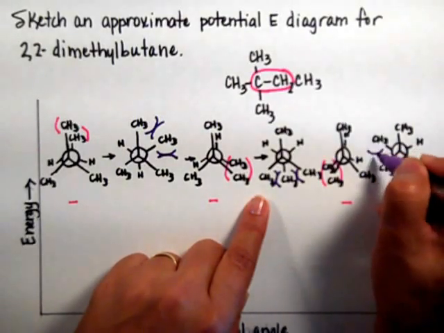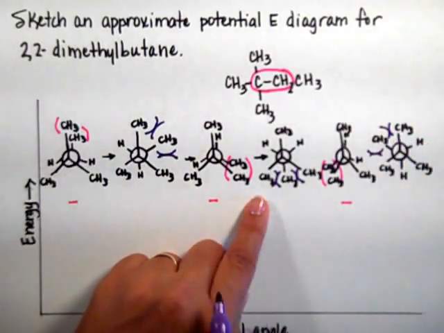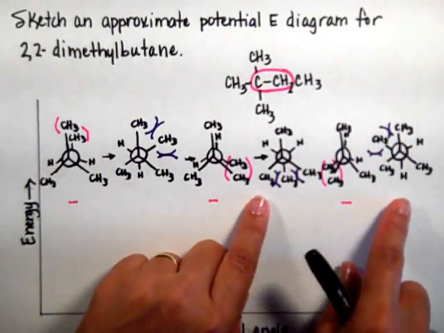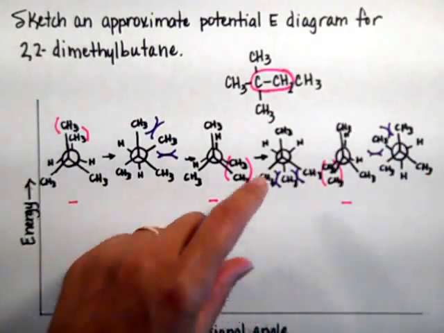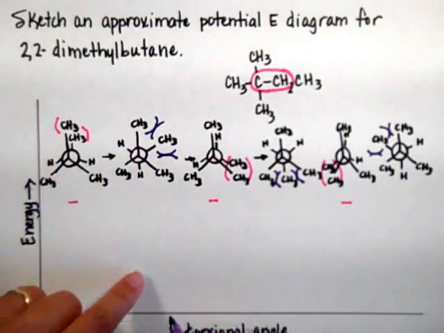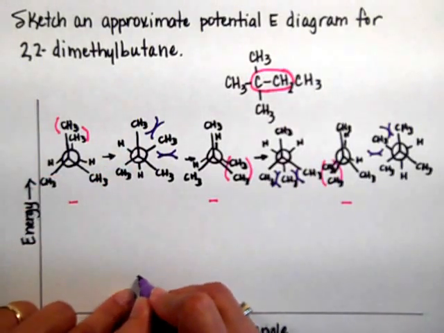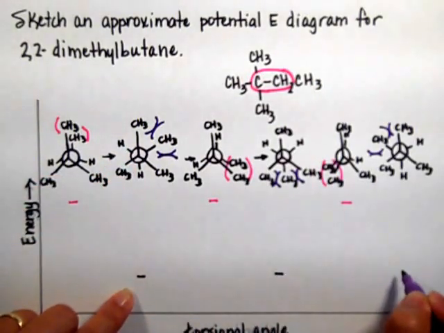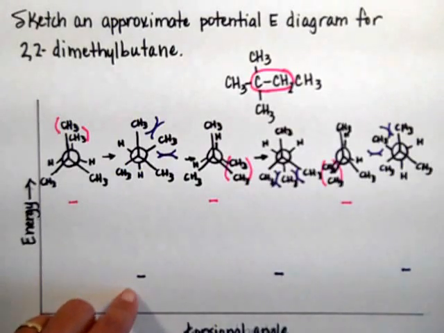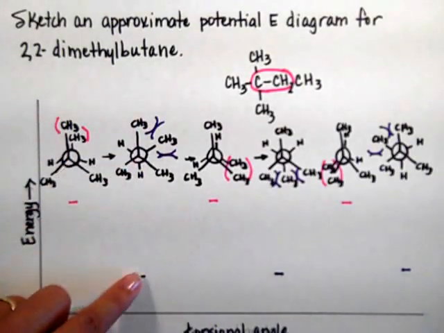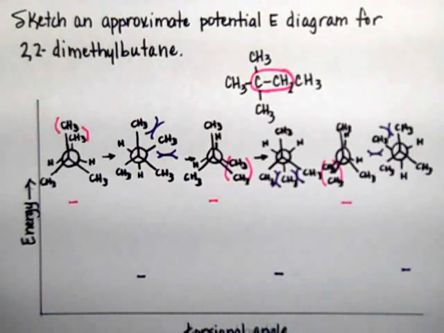This last one, 2 gauche interactions, the methyl on the other side. They seem to have the exact same number of gauche interactions. So I'm going to give the three of them the exact same energy, and I'm going to give them a lower energy because staggered is more stable than eclipsed, always.